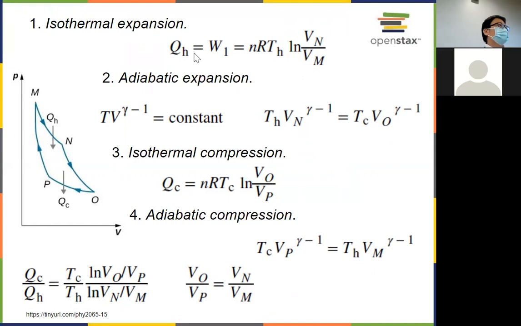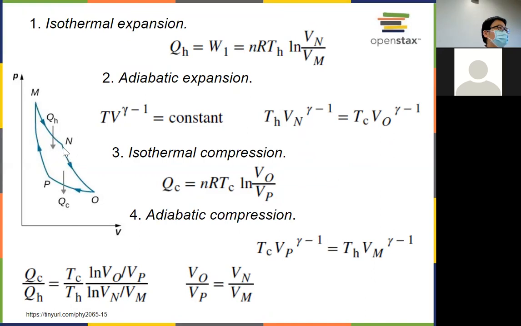According to the first law, QH it takes in is equal to W1. That would be nRTH ln of V final over V initial, where TH is the high temperature of this process. So this is final, this is initial.